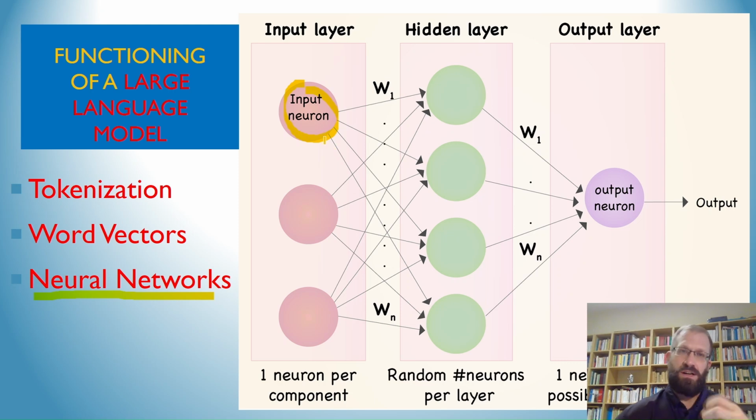Normally there are tens of thousands or hundreds of thousands of input neurons, then there are many layers of hidden neurons, and every layer intercepts the data from the previous layer, organizes it, and pushes it forward.